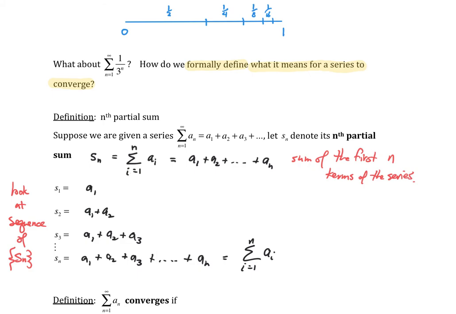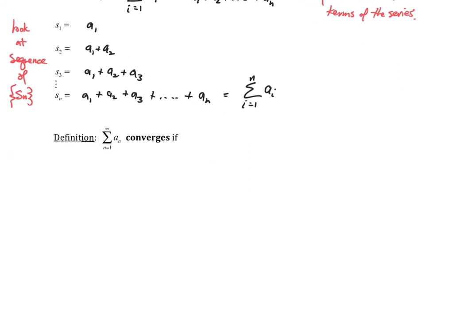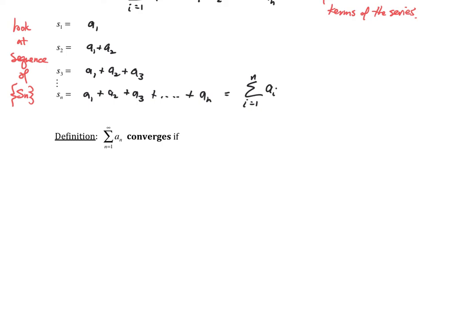So what we are going to see is that our infinite series converges if the sequence of partial sums Sn converges. So this sequence of partial sums is used to define convergence.